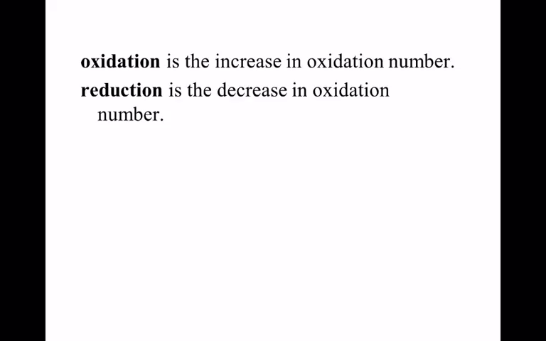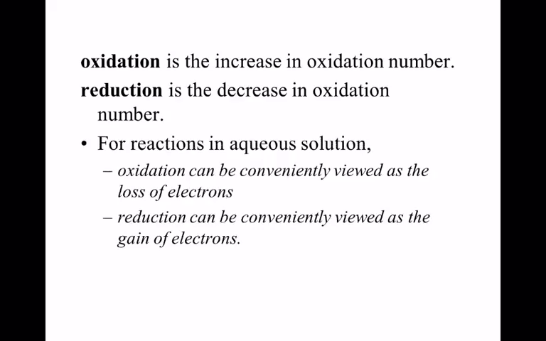In this case, if D is oxidized, you're going to see oxidation number increase for D. And then over here, reduced, I'm going to say that oxidation number for A increases. Okay? So we kind of have some semantics.